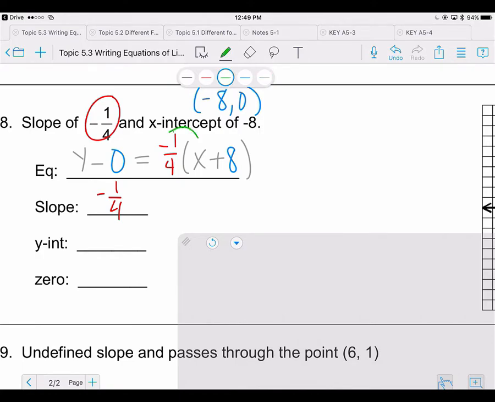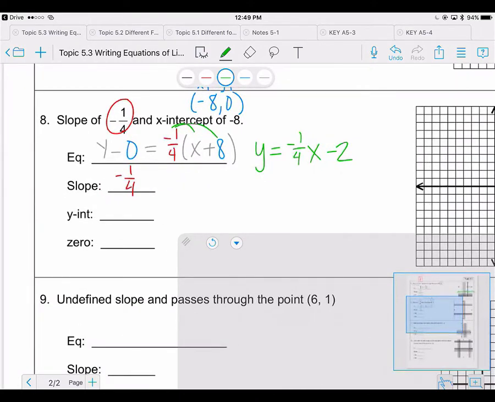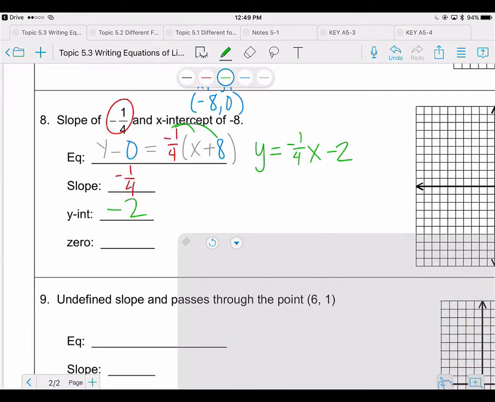So from here, I could solve. Y minus 0 is just y. -1/4 times x, -1/4 times 8 would be a -2, meaning my y-intercept would be at -2, and the 0 was already given to me.